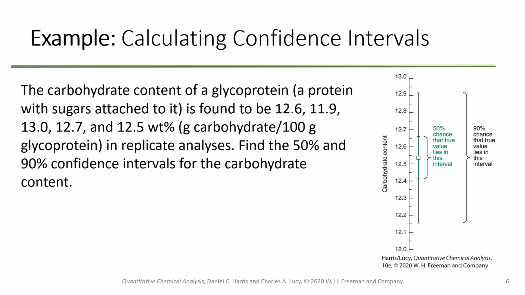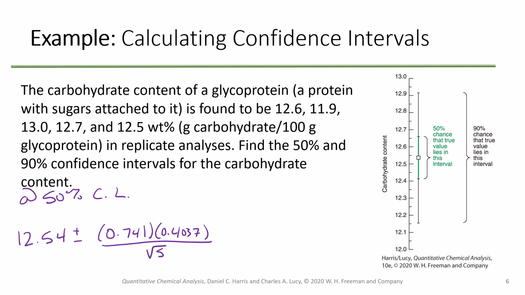So let's put it all together. Let's do at the 50% confidence interval or level. So mean, which was the 12.54, plus or minus our t, 0.741 times standard deviation, you have 12.54 plus or minus 0.13.